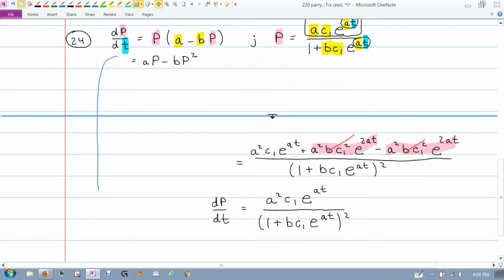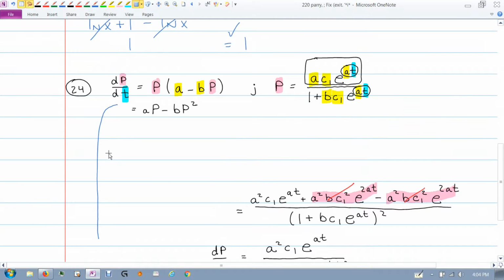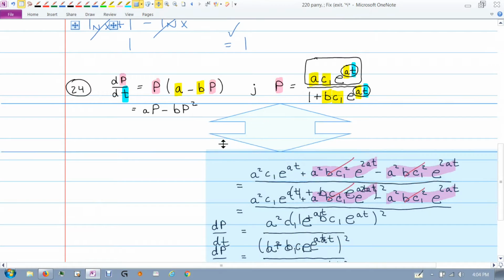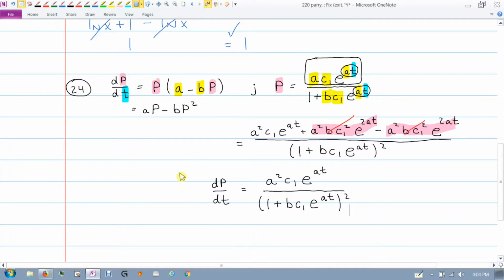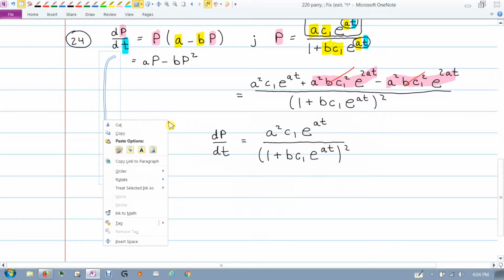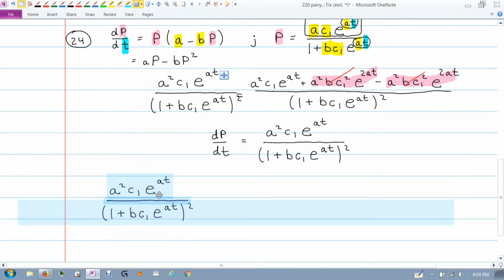Why can't I bring this up? Oh, it's because of this over here. Okay, let me try this now. Bring that up here. That gives me some room to work down here. So this right here, we just got that to be this piece right here. I'm going to put it right there.